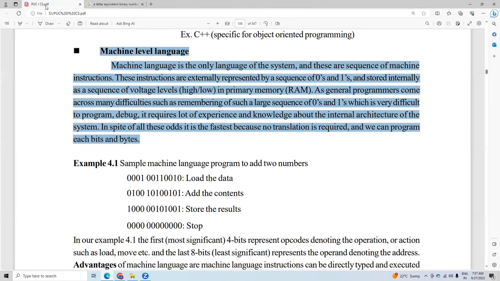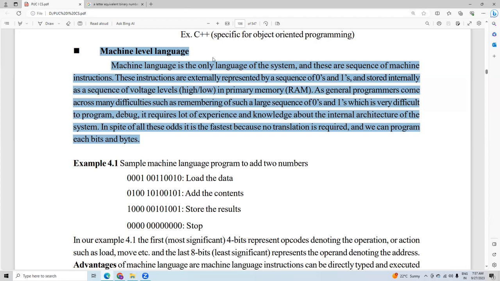Like that, you have to check the entire page. That is not easy. And always only one page of binary digits will not be there. Maybe sometimes 1,000 pages will be there. How will you identify the mistakes? It's very difficult. We can do it, but it's very time consuming.